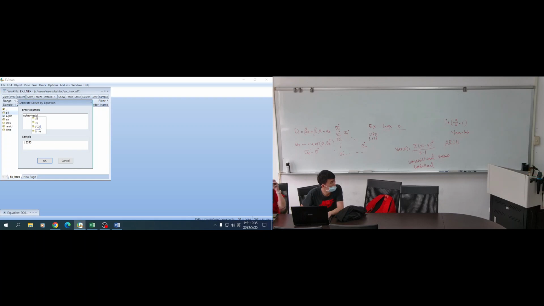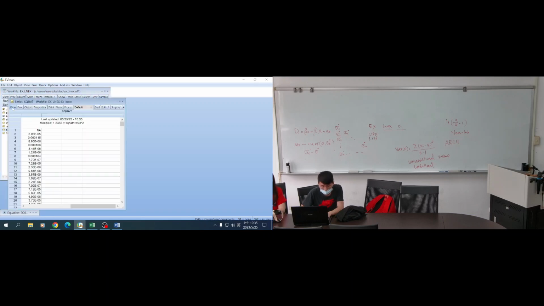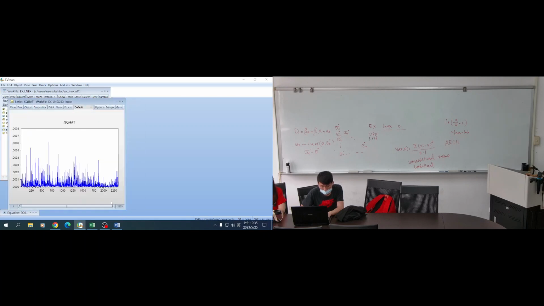My hat. Where's the hat? Oh, yeah. Okay. Find it. Okay. Then I have this square hat. Then I can open it and see the graph, which is just like what I have here.